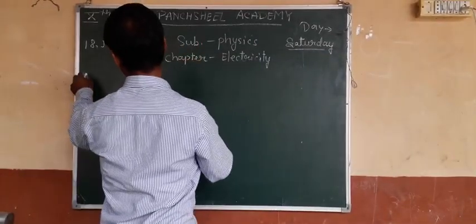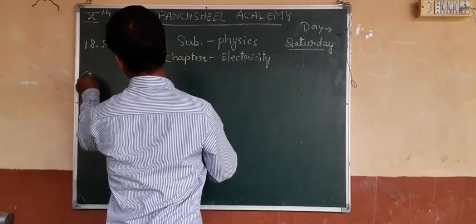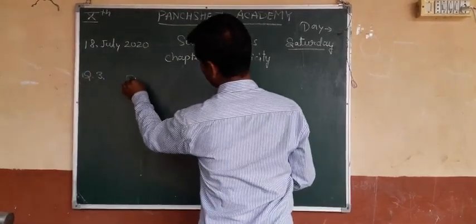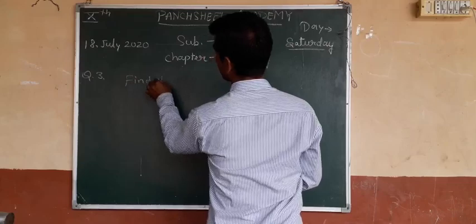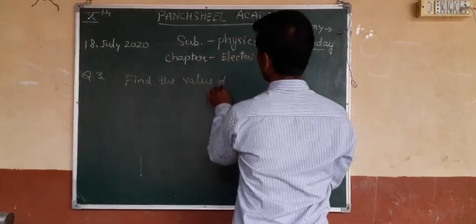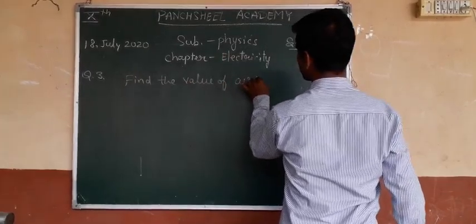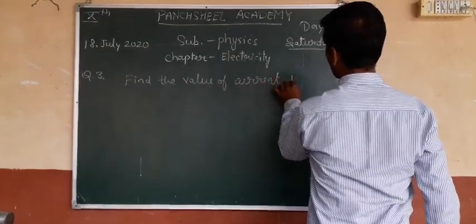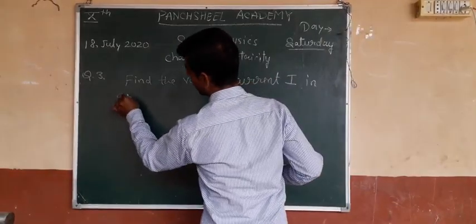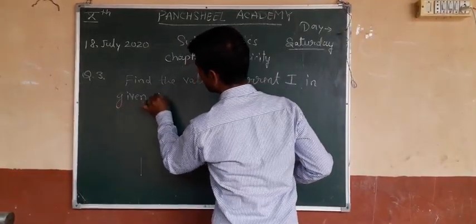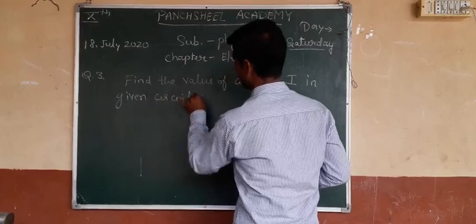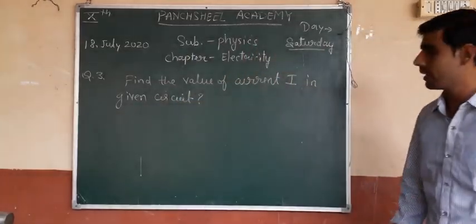Question number 3. Find the value of current I in the given circuit. Find the value of current I in the given circuit.